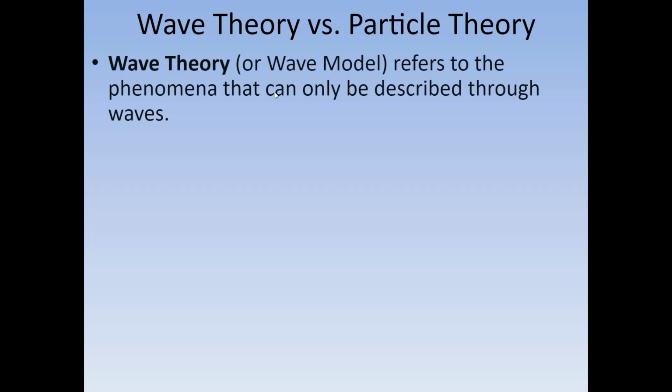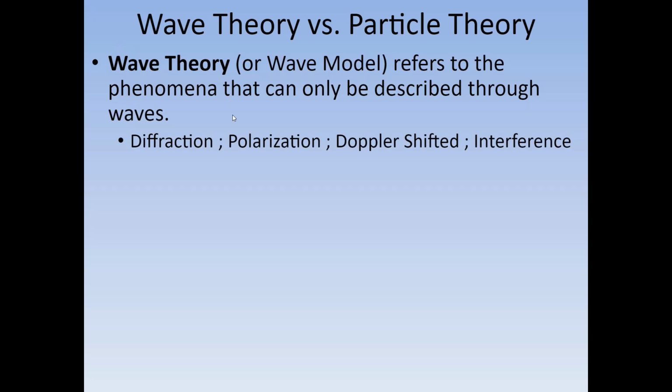There are certain phenomena that only really occur with waves, and phenomena that only really occur with particles. You can't describe some things that are particle in nature by using the concept of a wave. And that's what this is all about. So this is just something that you need to know.